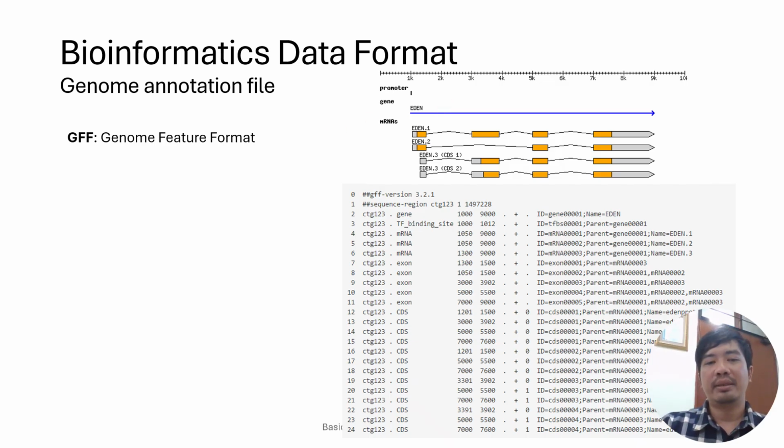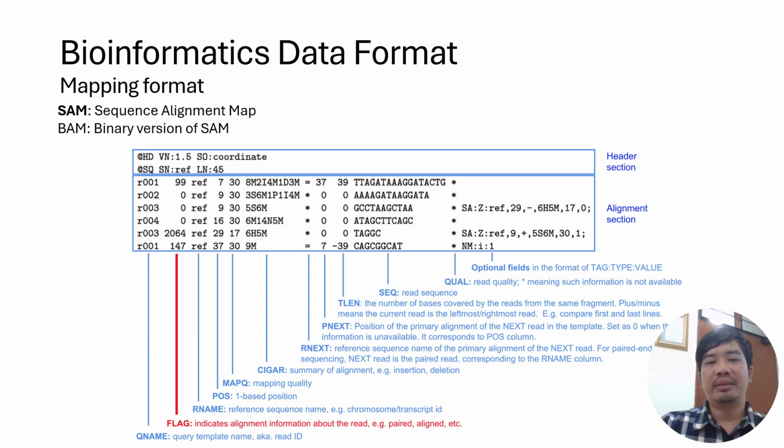And then next, we will not do the mapping today. We will focus on assembly. But we will let you know about another format, the mapping format. Mapping means you align the short reads to the different chromosomes to find the polymorphism.